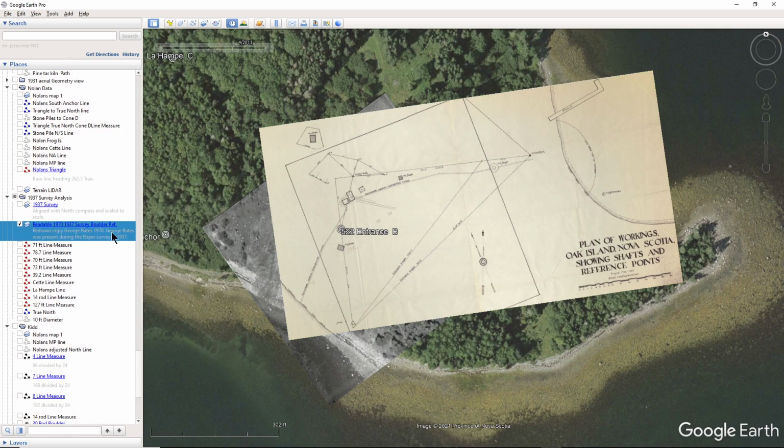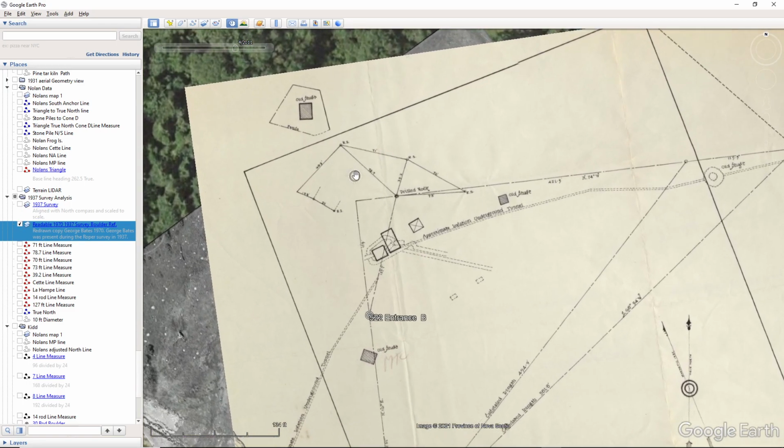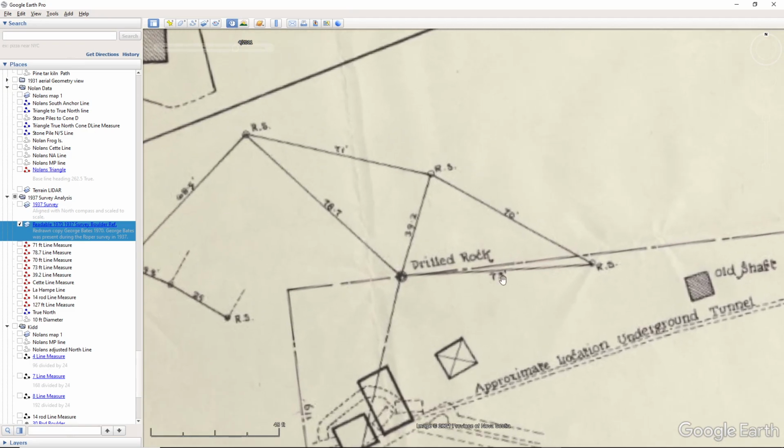1937 survey. So we're going to take this 1937 survey, and one thing I like about these measurements is these measurements, they're triangles with measurements.